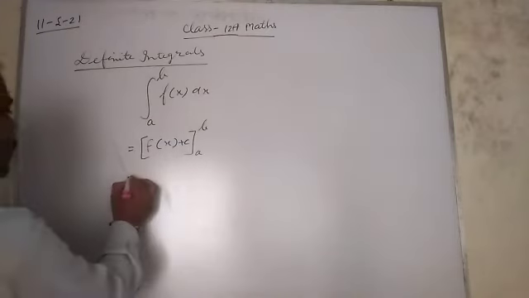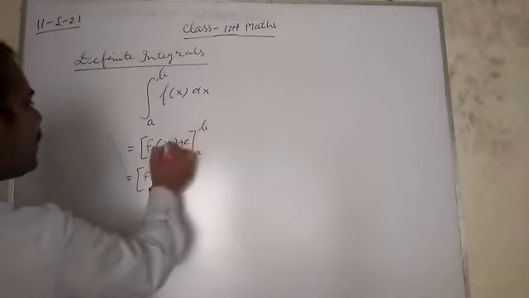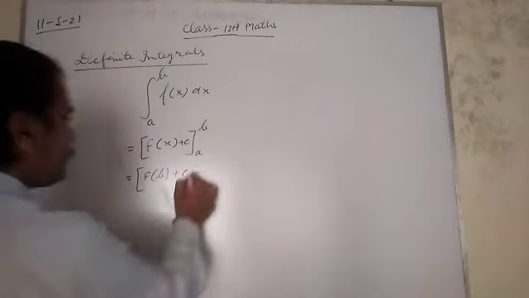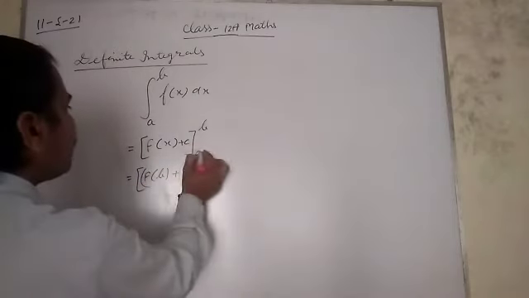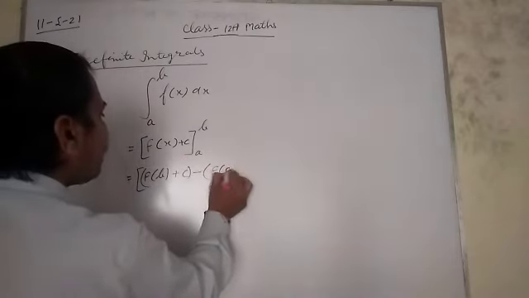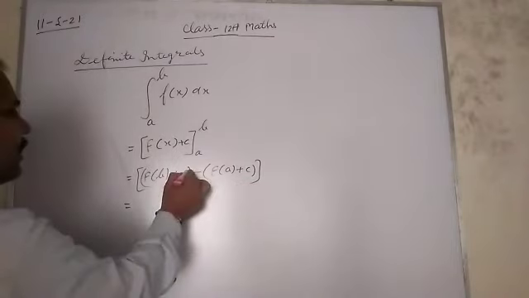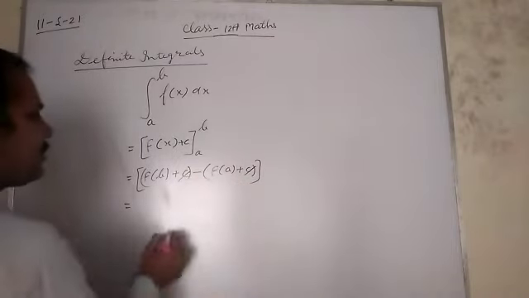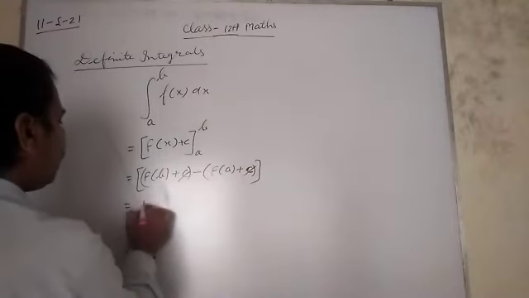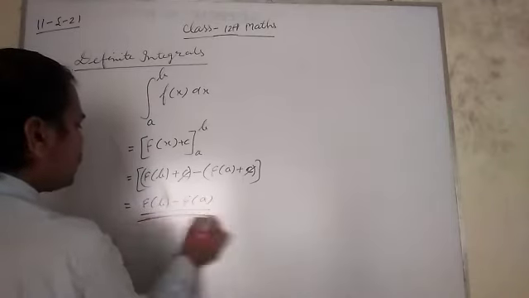Then putting values, first in place of x put b, so f(b) plus c, minus, then in place of x put a, so f(a) plus c. Then open the bracket: plus c and minus c, so both cancel, and its value will be f(b) minus f(a).